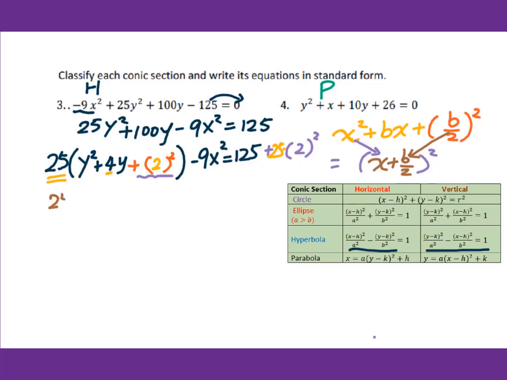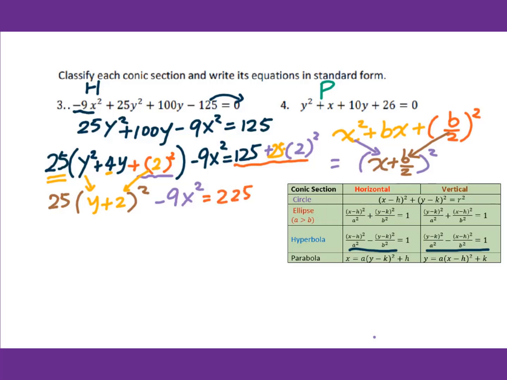So we got the 25. This is completing the square. You get y plus 2, minus 9x squared. Work this out. You will get 225.